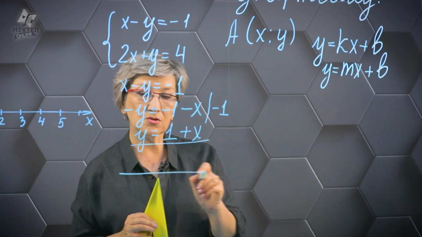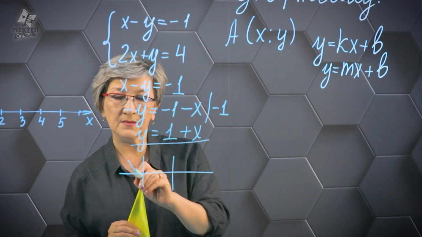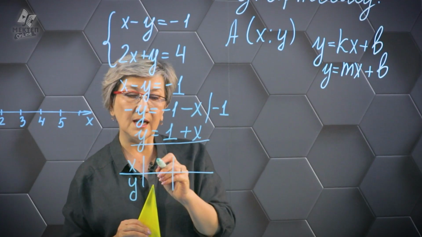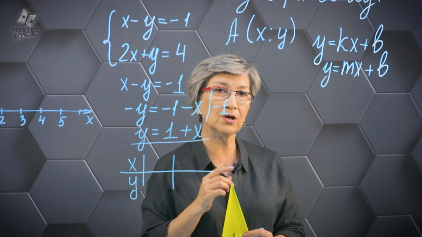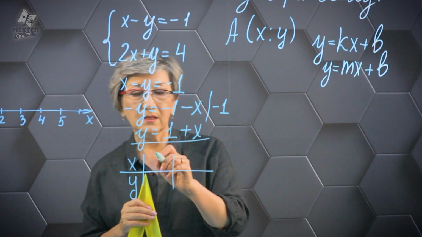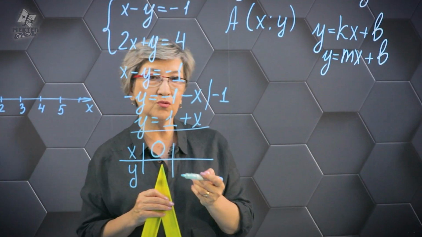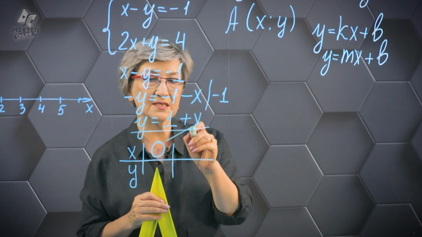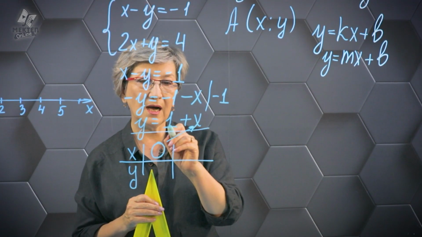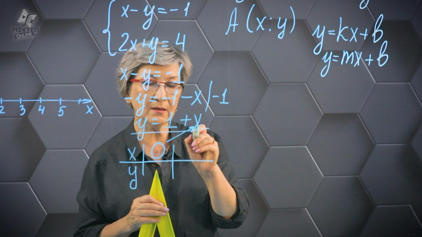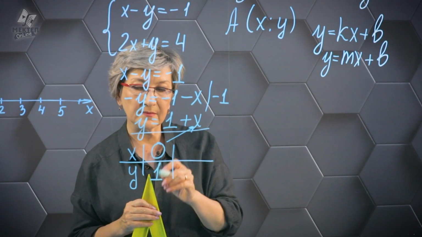So we will create a table for x and y. For the variable x, we can choose any value that suits our needs. If x equals 0, then we replace x with 0, and we calculate the value of y. 1 plus 0 is 1.